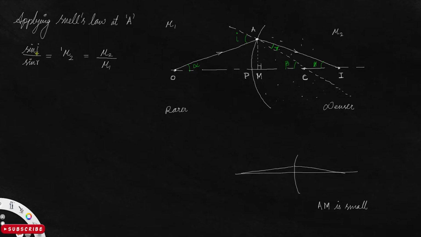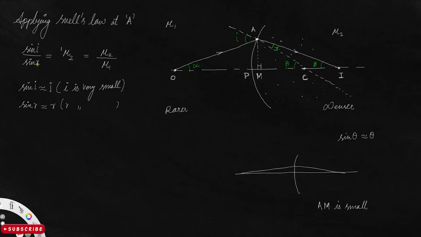So I can write sin I approximately equal to I, since I is very small. For small angles, we know sin theta is approximately equal to theta. Similarly, sin R is approximately R, since R is also very small.